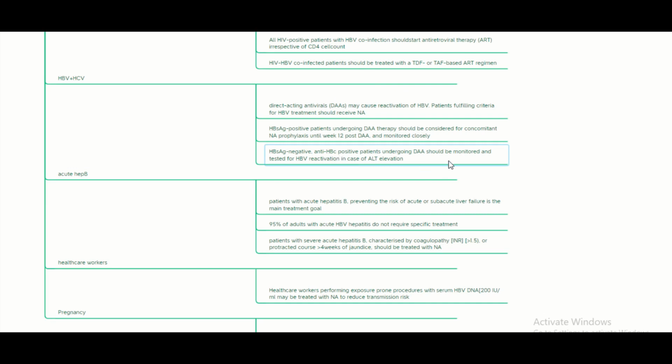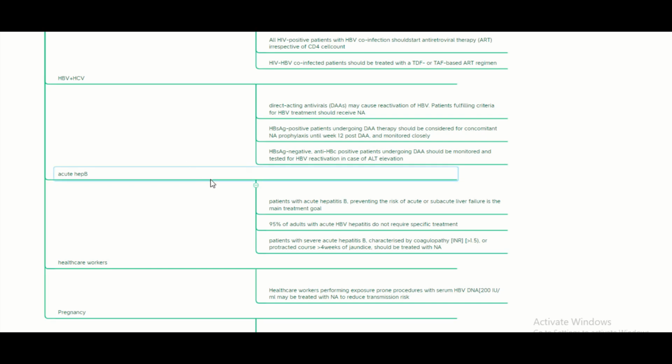This is used as prophylaxis: if we start taking DAAs and we have reactivation of HBV, this way we have DAAs and NAs, and we are covering both of these infections.